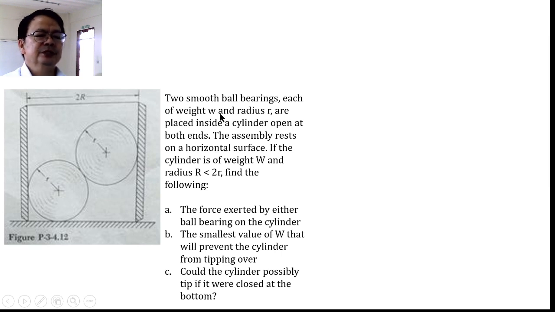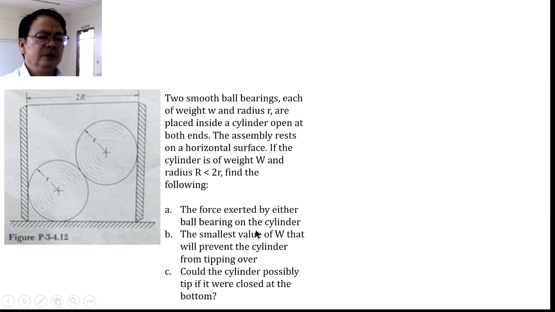We have two smooth ball bearings, each of weight W and radius R, placed inside a cylinder that is open at both ends. The assembly rests on a horizontal surface, and the cylinder is of weight W and radius equal to R, which is less than twice the radius of the ball. We are required to find the following.